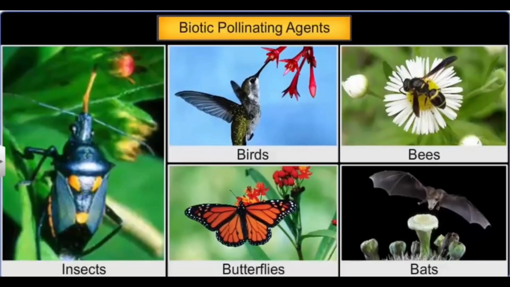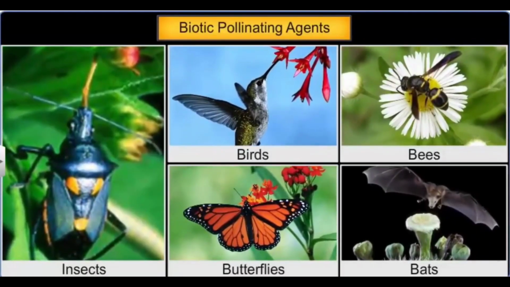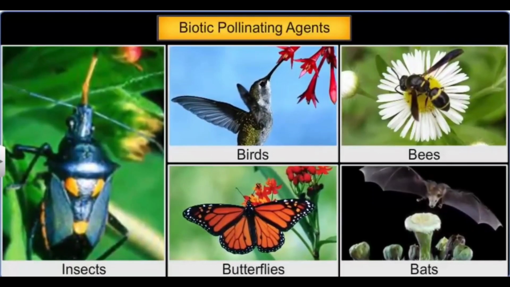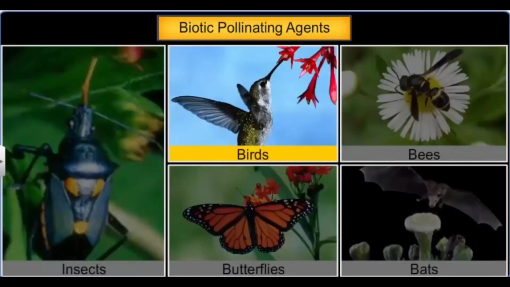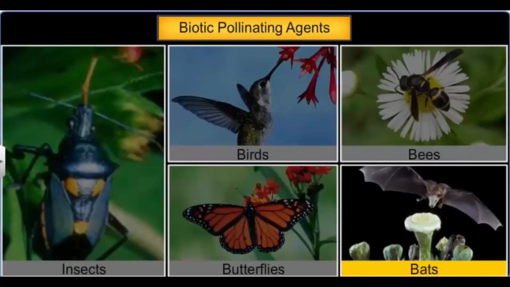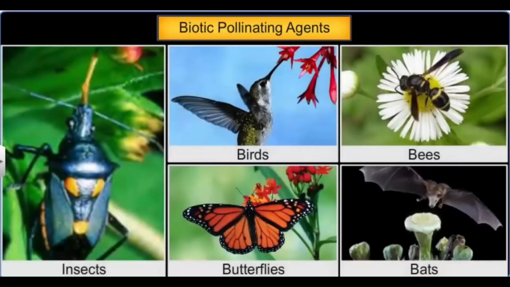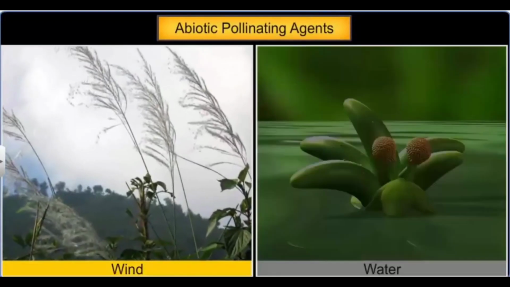In both cross-pollination and self-pollination, pollinating agents play a vital role. These agents include biotic agents such as insects, birds, bees, butterflies, and mammals such as bats, as well as abiotic agents such as wind and water.